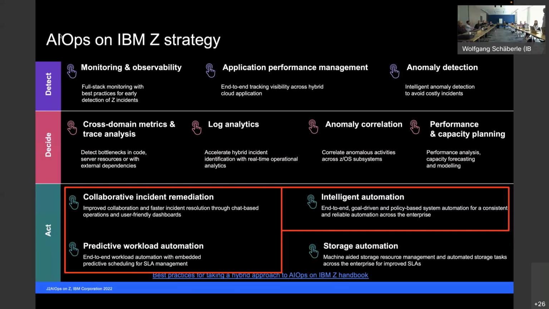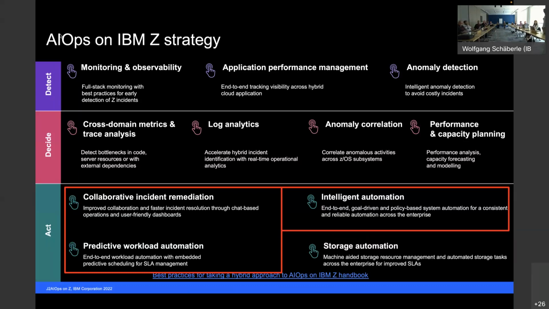And we've sorted these best practices into these categories, like monitoring and observability in the detect area, or application performance management. In decide, of course, we have the analytics tools. And for each of these best practices, we have associated IBM Z products that fulfill them and provide the corresponding solutions.